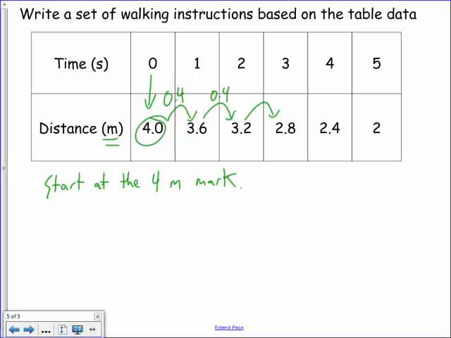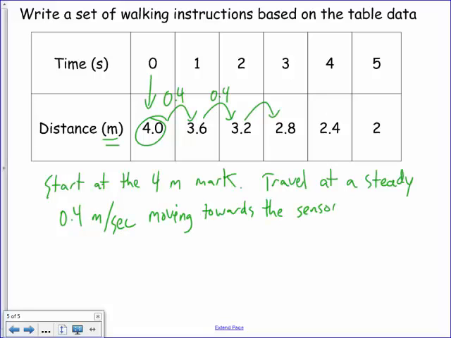And are we going closer to the sensor or further away? Looks like we're going closer, right? So we're traveling at a steady 0.4 meters per second moving towards the sensor. And how long do we do that for?